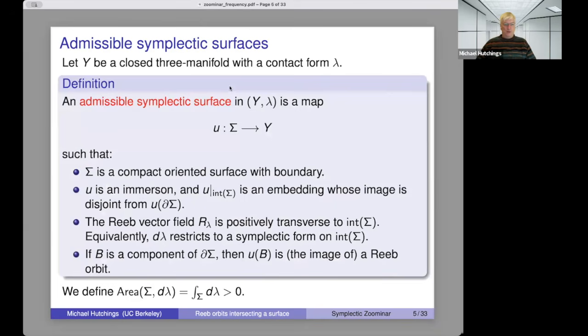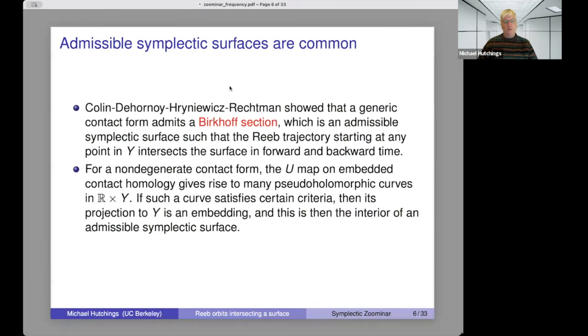My admissible symplectic surface doesn't assume that. If you take the surface and flow it in infinite forward and backward time, you might not necessarily cover all of Y. Anyway, generically these Birkhoff sections exist, and those are examples of admissible symplectic surfaces.